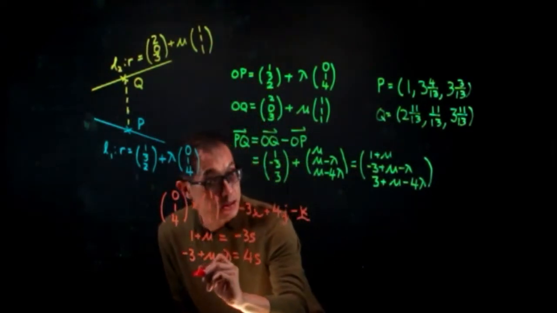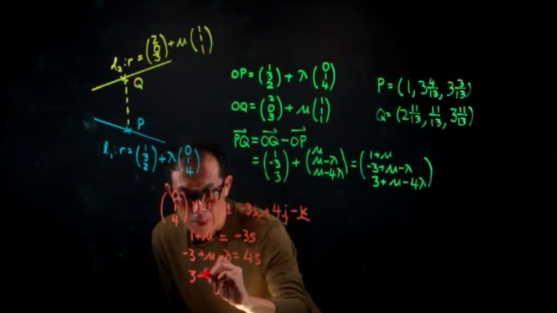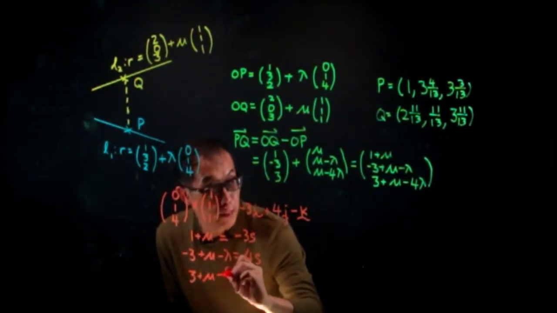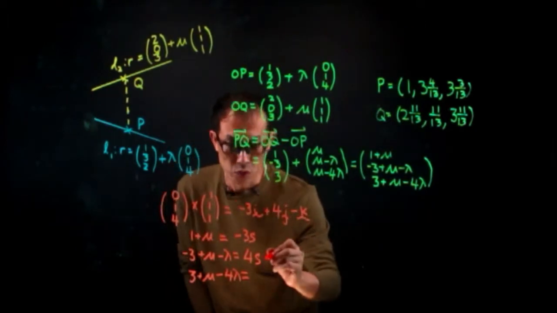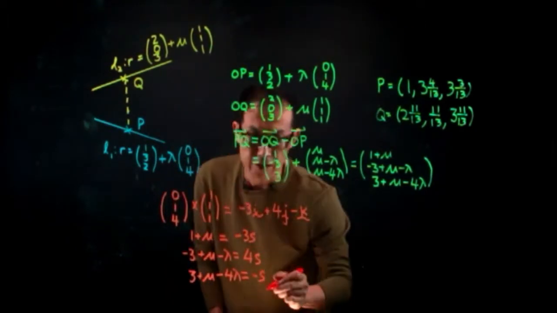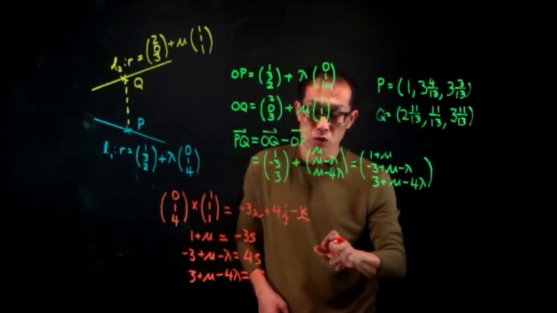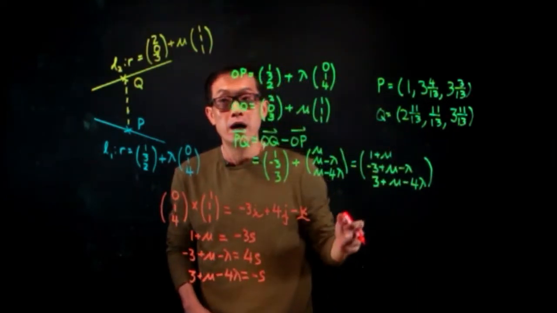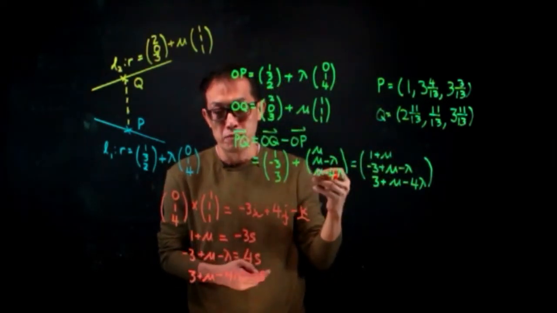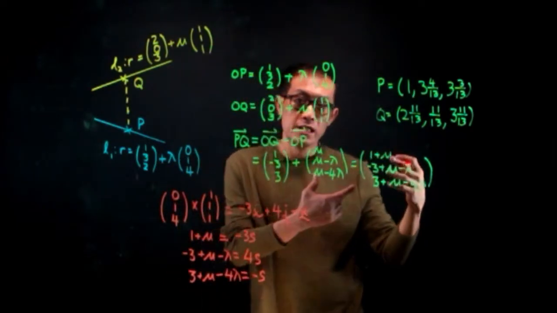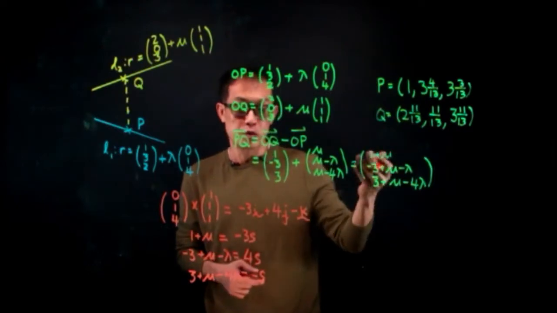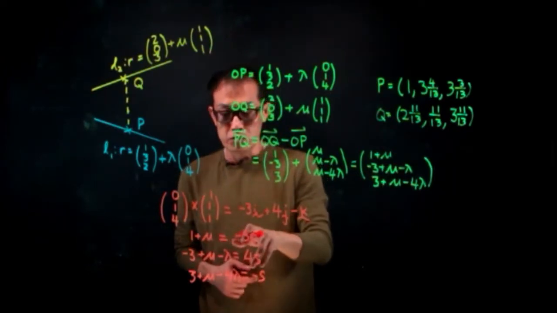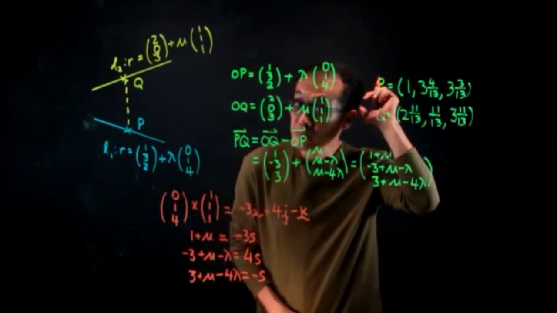Alright, and this is 3 plus mu minus 4 lambda will be equals to minus s. Since they are parallel, one must be multiplied by a scalar quantity, and it will equal the other.